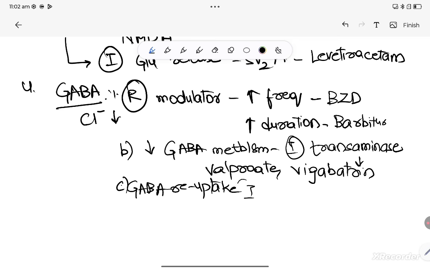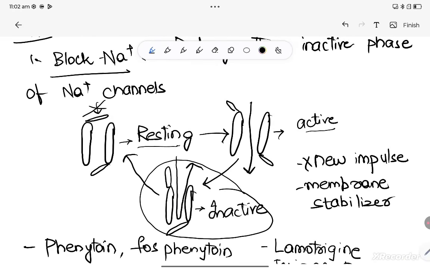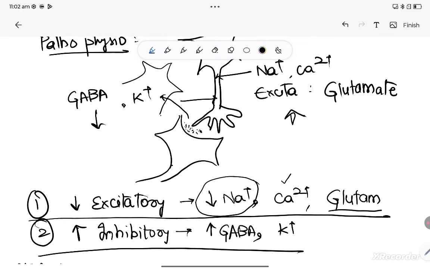The reuptake inhibitor is tiagabine. It mainly inhibits GAT1, GABA transporter 1. Clear? With this, we have finished the mechanism of action and mechanism-of-action-based classification of our anti-epileptic drugs.